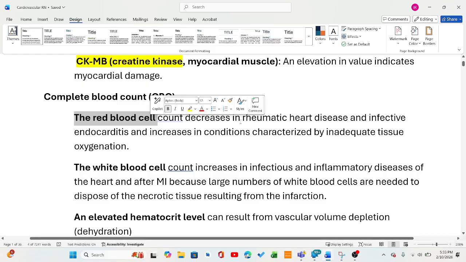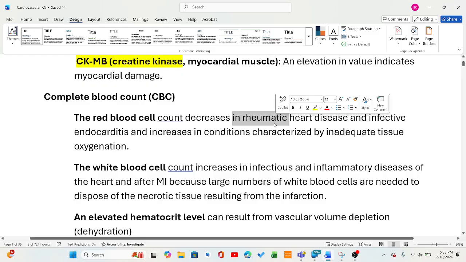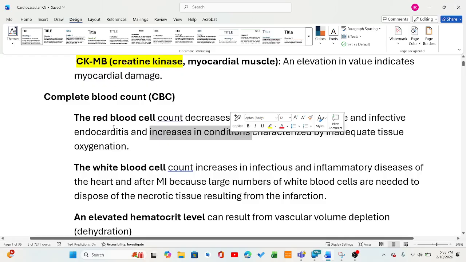Conditions such as rheumatoid arthritis will result in decreasing the number of red blood cells that we have. And when the red blood cell levels go down, then of course we have a problem with oxygenation.